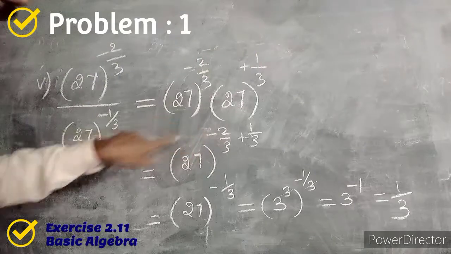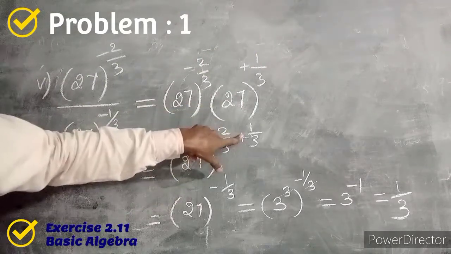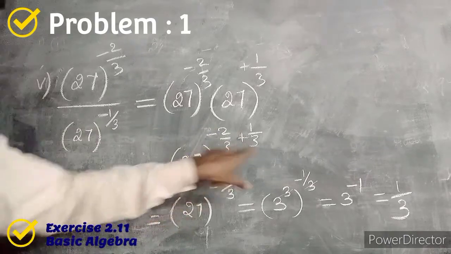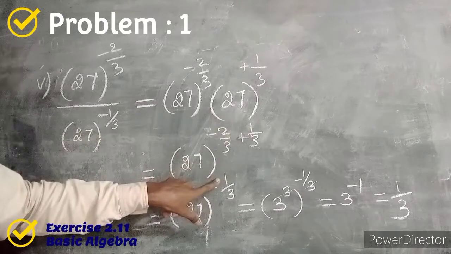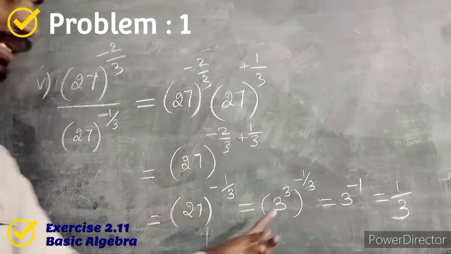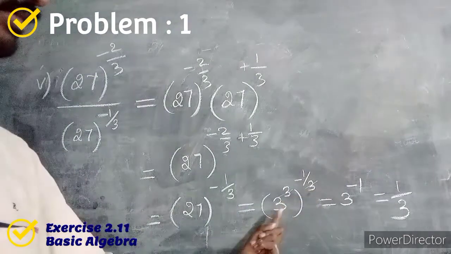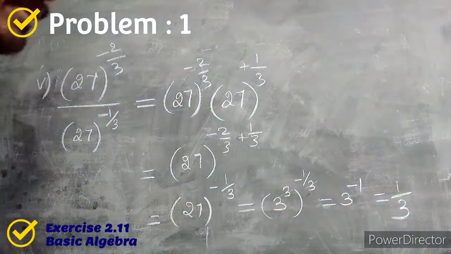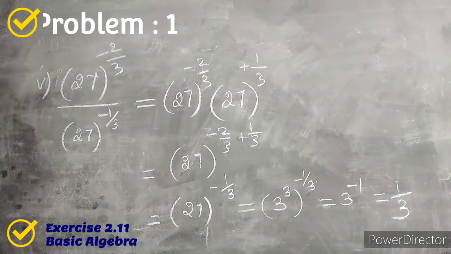We consider 27 as the base. Minus 2 by 3 plus 1 by 3 means minus 1 by 3. The denominator will be 3. Minus 2 plus 1 is minus 1. Next, 27 will be 3 cube. Therefore this 3 and 3 cancel. Remaining is 3 power minus 1 only. 3 power minus 1 is 1 by 3.